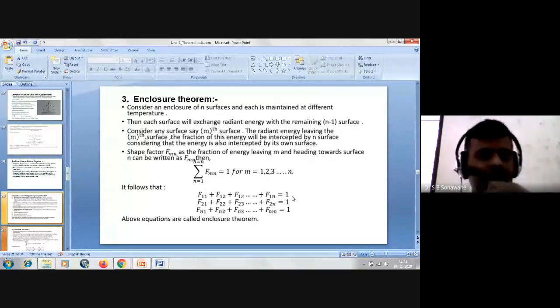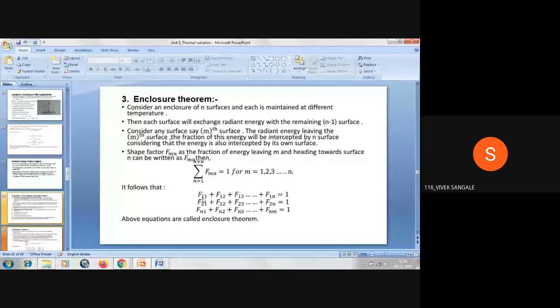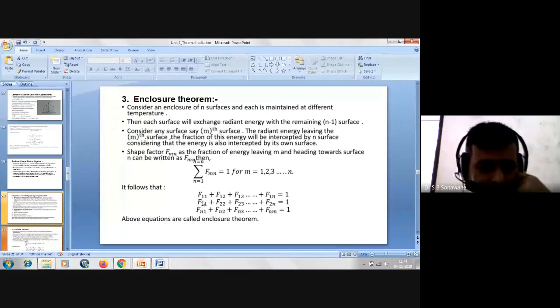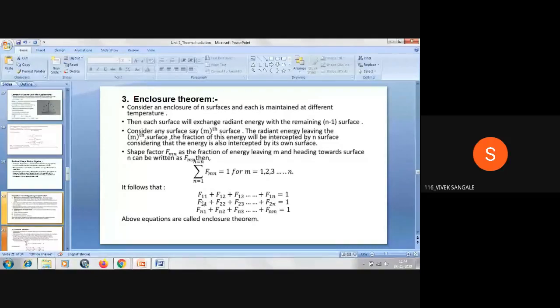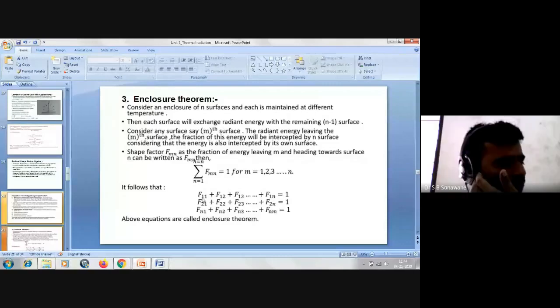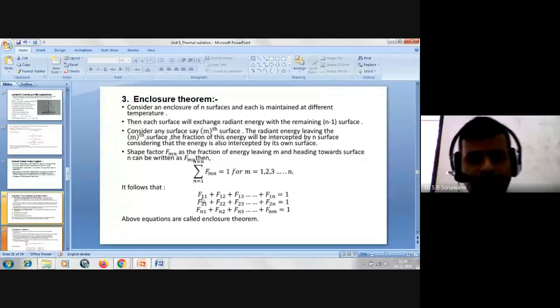Now, here is an interesting thing that I want to explain. If I write F11, what does it stand for? It is the shape factor of the first surface with respect to the first surface. What does it tell us?